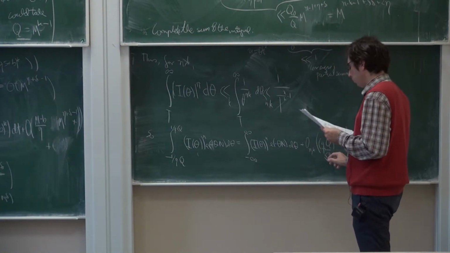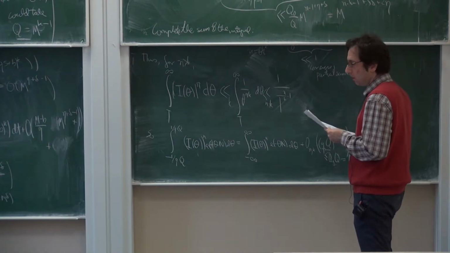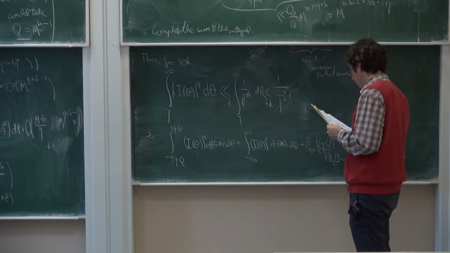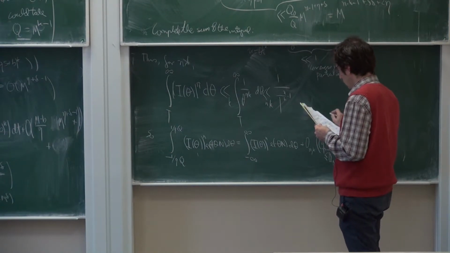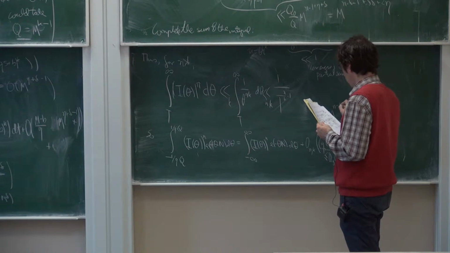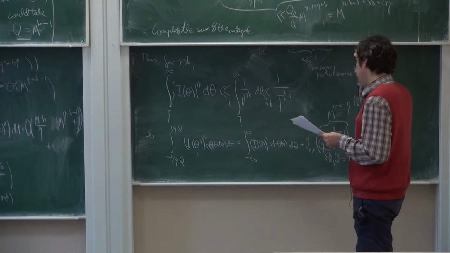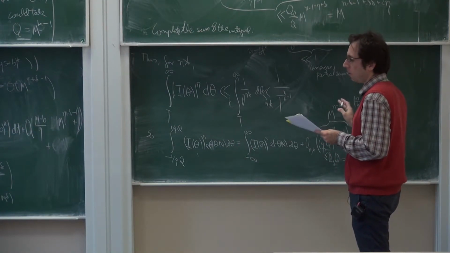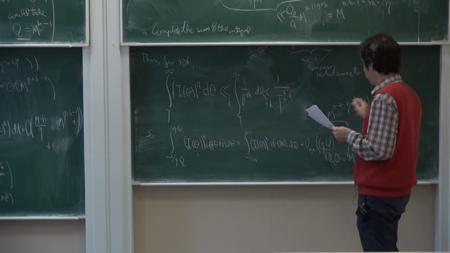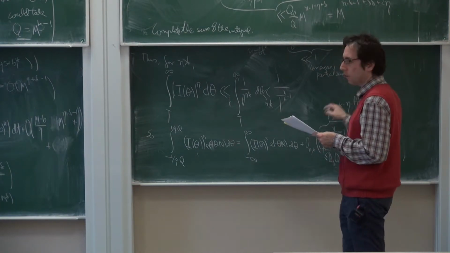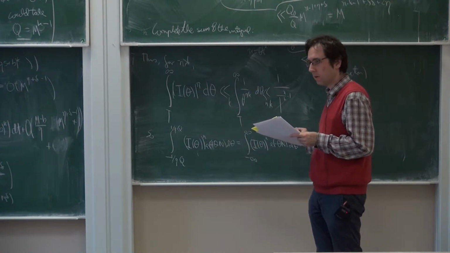So I have that this is at most big Q0, Q, and this is just the reason why I had a little eta to begin with, because it's going to be m to the k minus eta. So this as a whole is going to be m to the n minus k minus eta n over k minus 1. So this is good, because what we're trying to defeat, the main term, will be of size big M to the n over little k. So it's good that we have something smaller than that. So we are going to be able to afford to complete the tails. And we are going to be able to work with this integral instead.